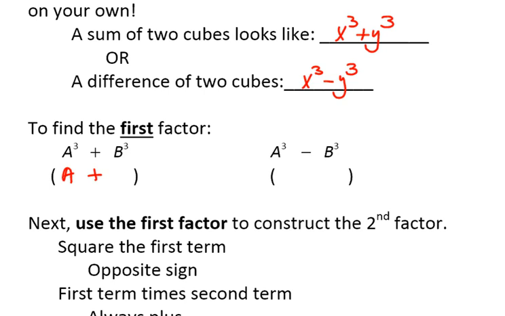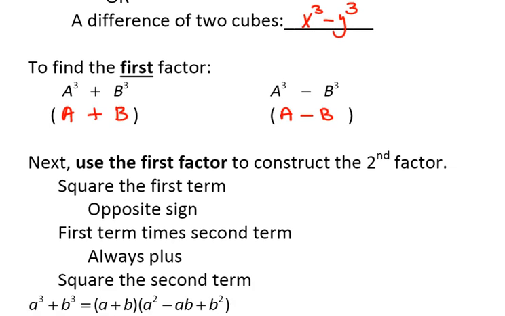The sign is going to be the same, and then the cube root of the next one, which is b. And if I have a cubed minus b cubed, it's going to be a minus b. So the signs match whatever was in the problem as we start out.